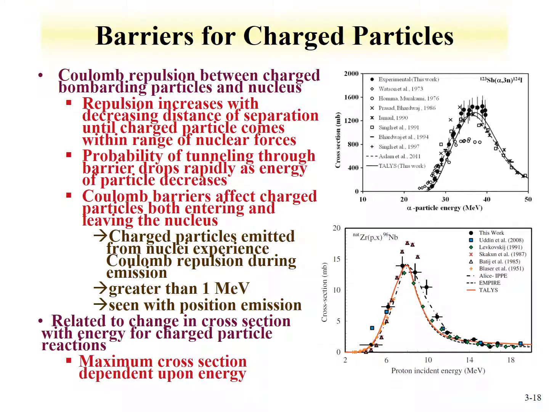This can be related to the change in cross-section with energy for charged particle reactions. As we know from our previous example, there are maximum points at which the cross-section is the greatest as a function of energy. For experiments, if you're interested in producing the target nucleus, you'd want to perform an excitation function to determine the parameters to maximize production.